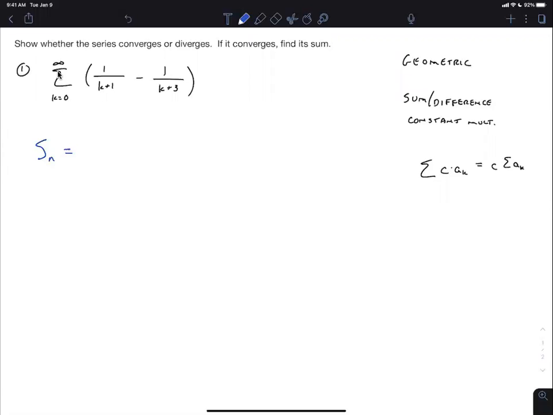We think of n as a very large number, maybe a billion or something larger, because what we want to end up figuring out is the limit as n goes to infinity, but n itself is a finite number. So we're going to plug in 0 for k, 1 for k, and 2 for k, up to n, and see if we can determine what happens.